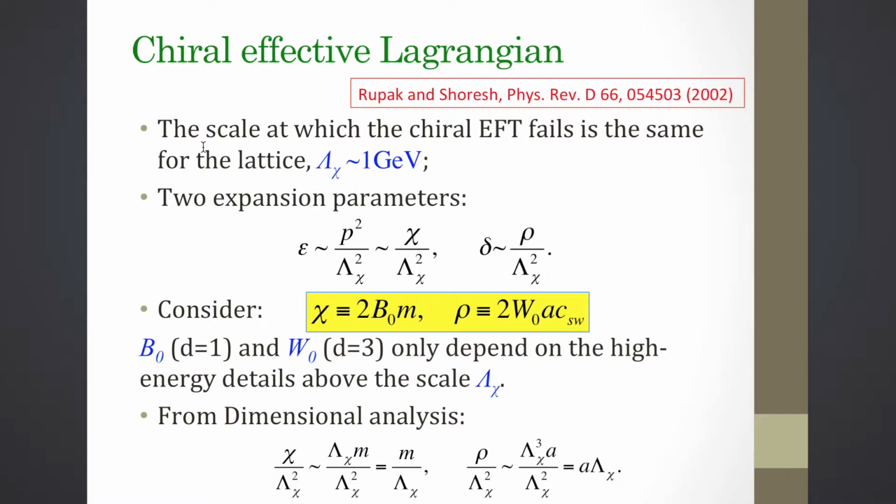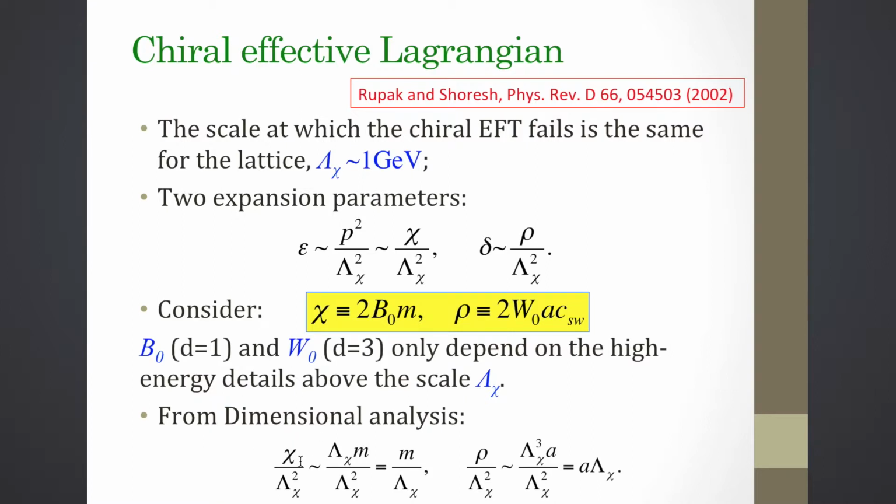Let's consider the definition of chi and rho. They are proportional to the fermion mass and lattice spacing a. The low energy constants B naught and W naught should only depend on the high energy details that is above the scale of lambda, and therefore, by simple dimensional analysis, B naught should be of order lambda, while W naught should be of order lambda to the third.